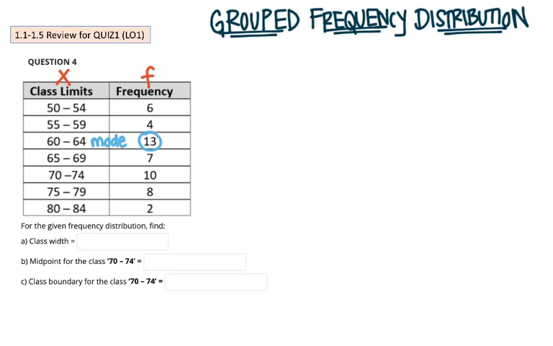Okay, when it talks about, for example, for part A, the class width. So look at the class widths. They're going from 50 to 54, 55 to 59. Now, normally the common mistake is people subtract those two and they say the width is 4. But that's a problem. So I'm going to say it's not 4. Okay, why?